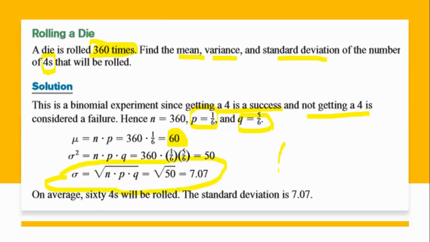So this could be written as 60 plus minus 7.